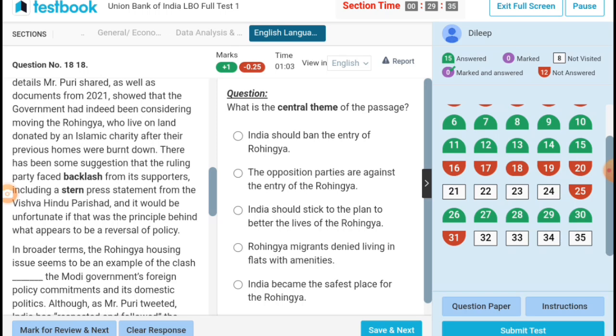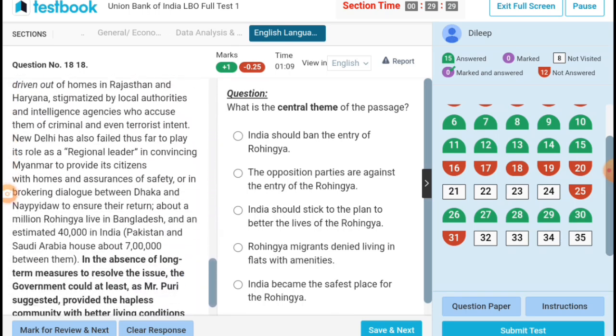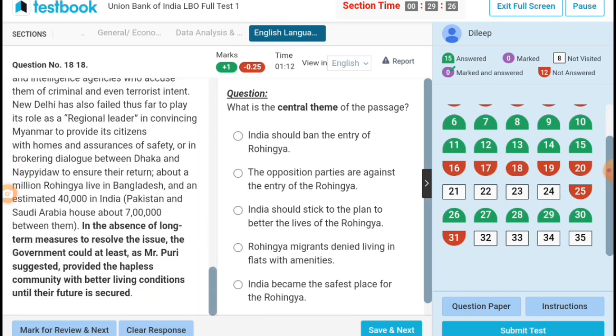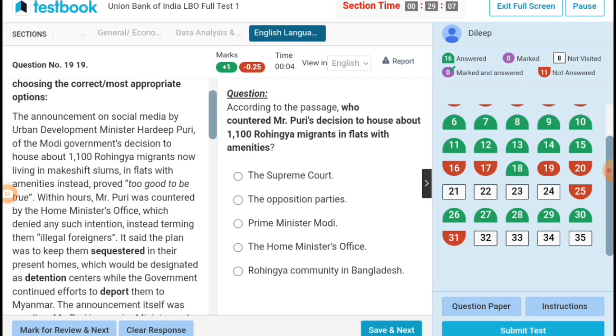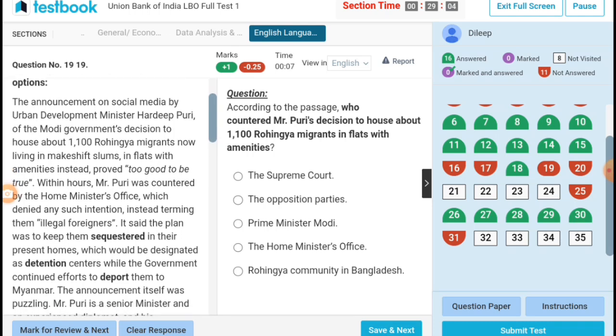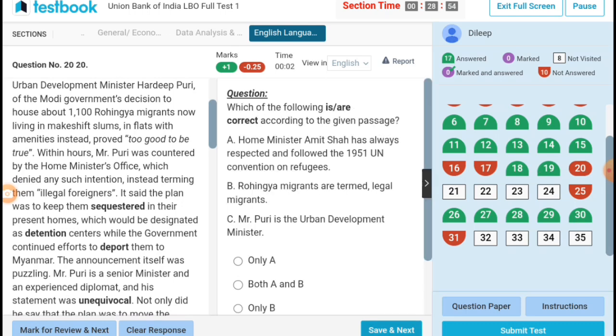There have been some suggestions that the ruling Next, according to the passage, who countered by the Home Minister's office. Which of the following is correct according to the given passage?